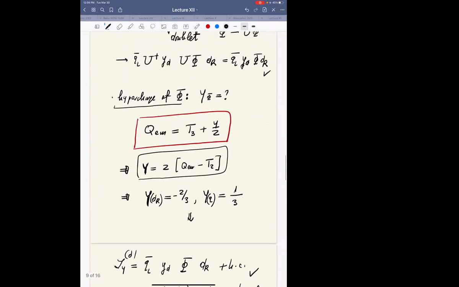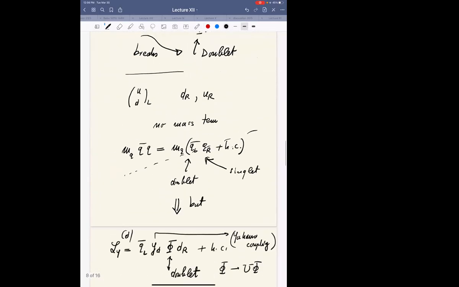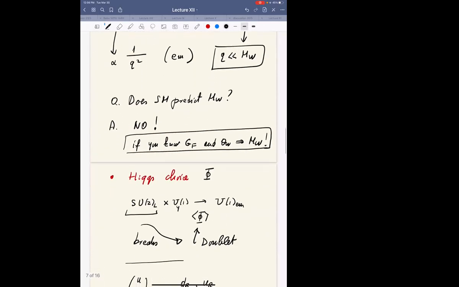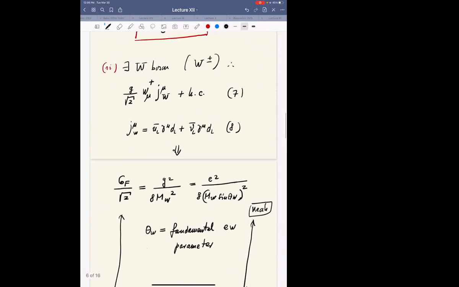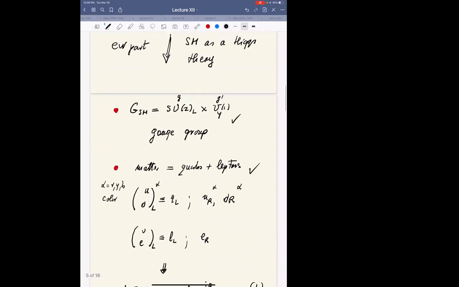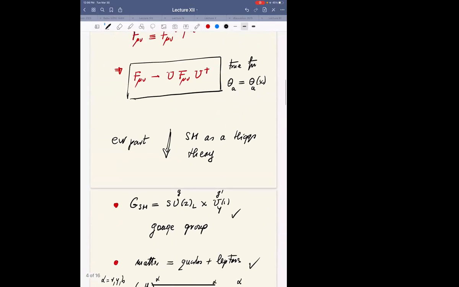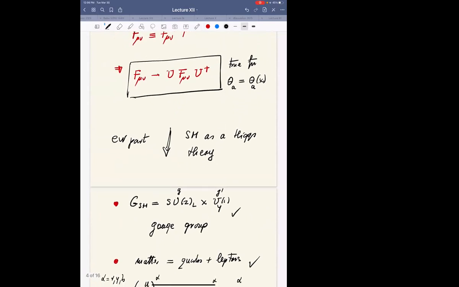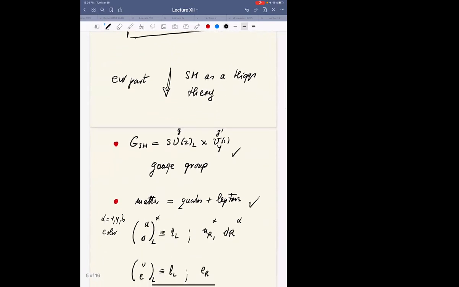I hope I've written it right. Yes, I did. The gauge group with the generators T^A for SU(2) and Y over 2 for U(1).